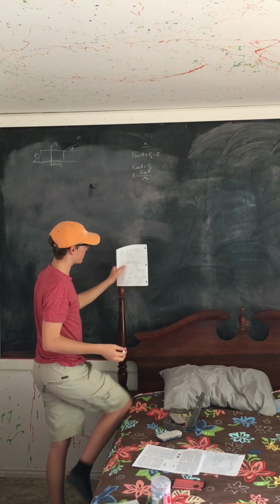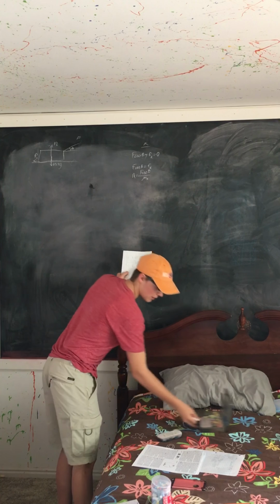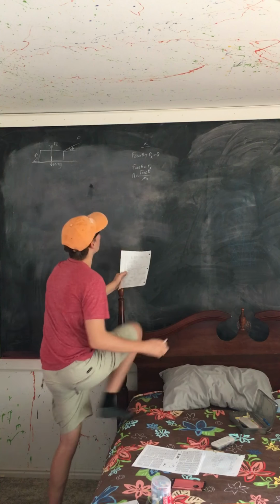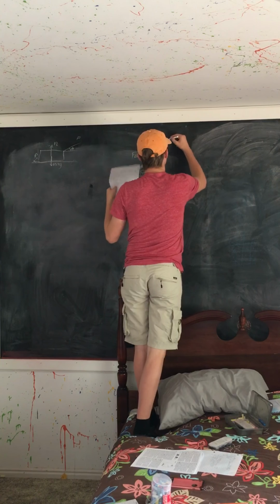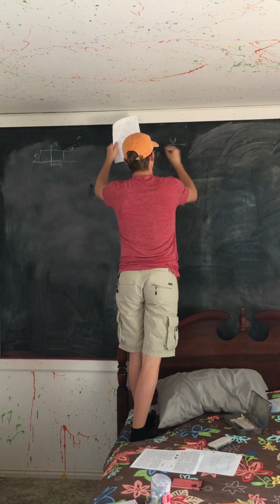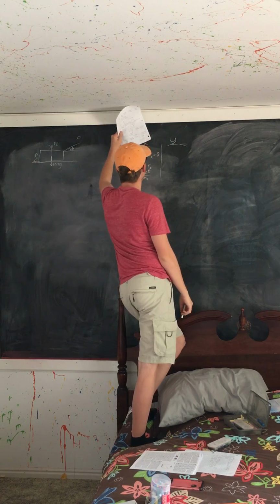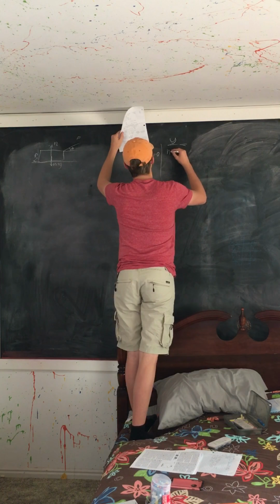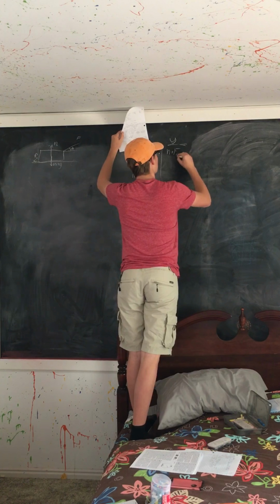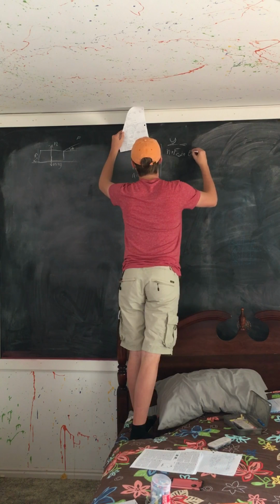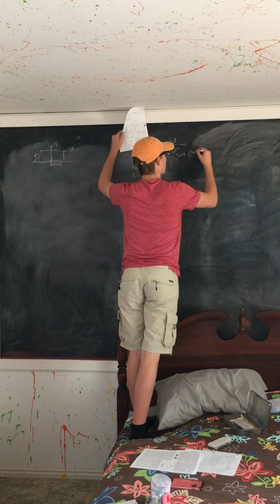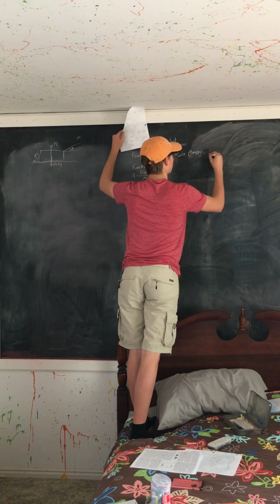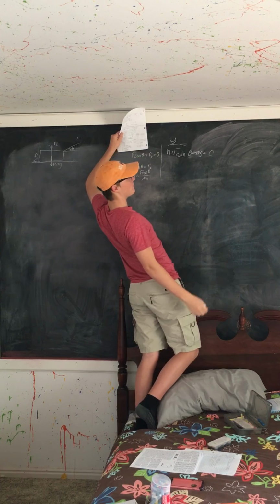Then we'll take the y direction and look at the forces there. In the y direction, the sum is the normal force plus F sine theta minus mg, equal to 0.